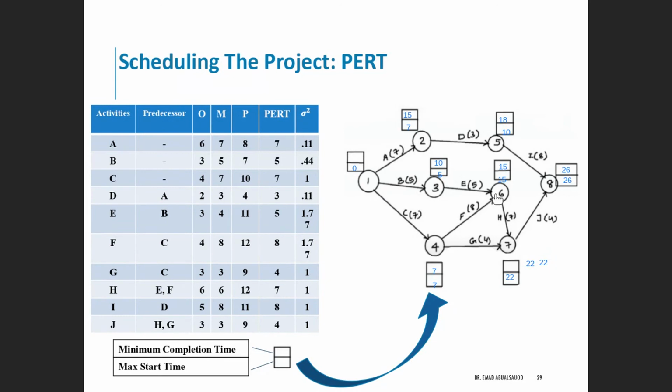So when we subtract the 22 minus the 7, it gives us 15. And when we subtract the 22 minus the 4, it gives us 18. We go with the minimum time because that will lead us also to the maximum duration in total.